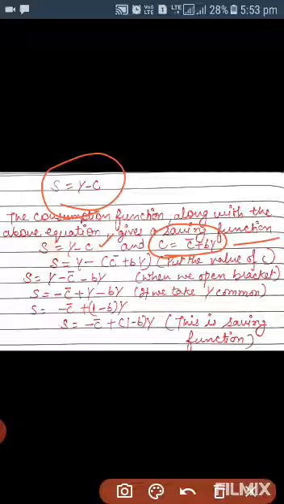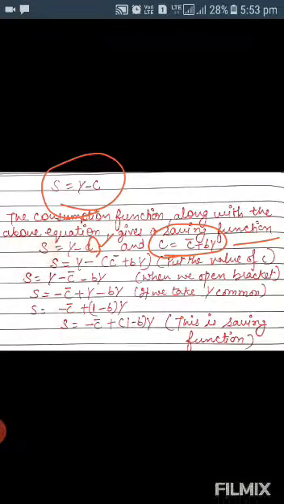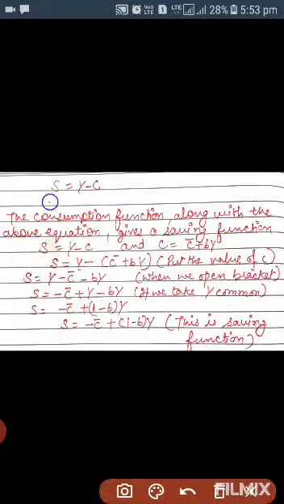So when we put the value of C in this equation, we derive: S = Y - (C bar + bY).